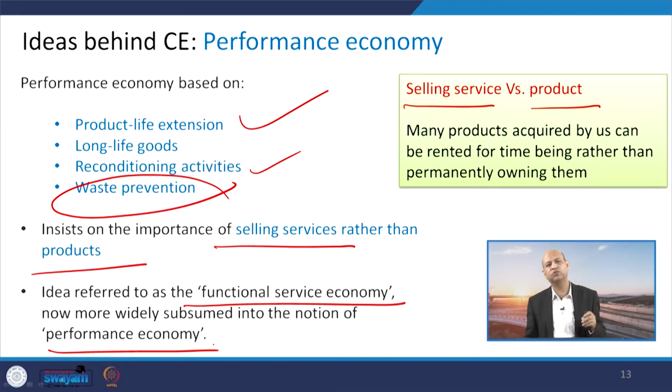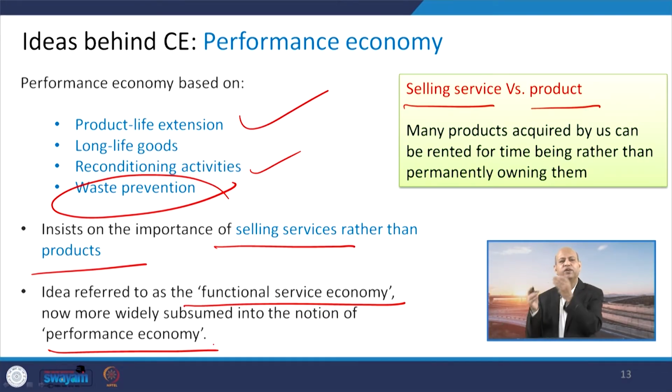When we are talking about linear economy, we just say this product will serve you for 10 years or 5 years, something like that, then it is waste. But in performance economy, performance may reduce and it can be given to another stage.